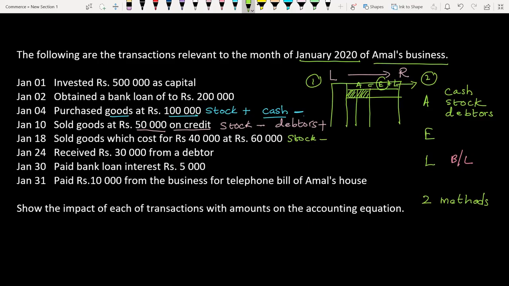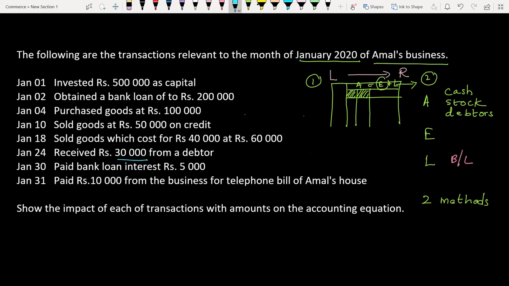On the other hand, the business receives cash, so cash increases. And this transaction results in a profit. So profit leads to increased equity. And for equity, we have only one column. And already we have the stock column and cash column. So no worries. Let's check the next transaction.